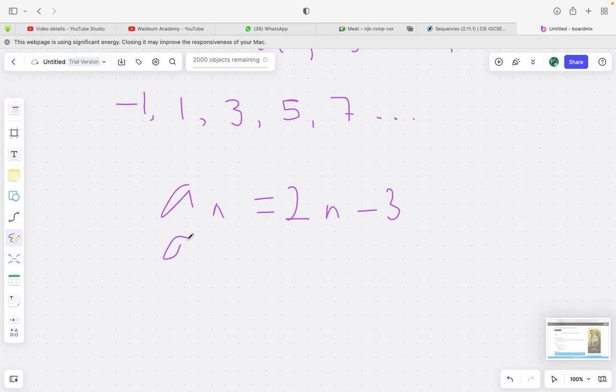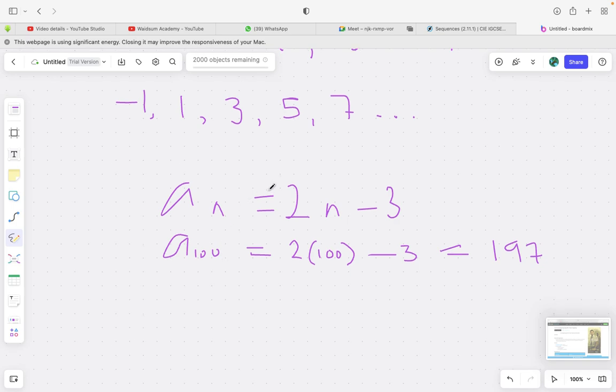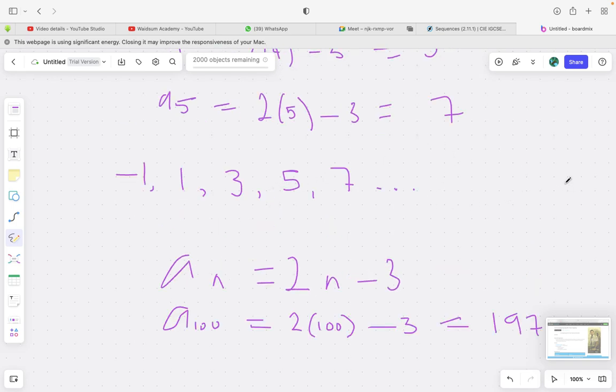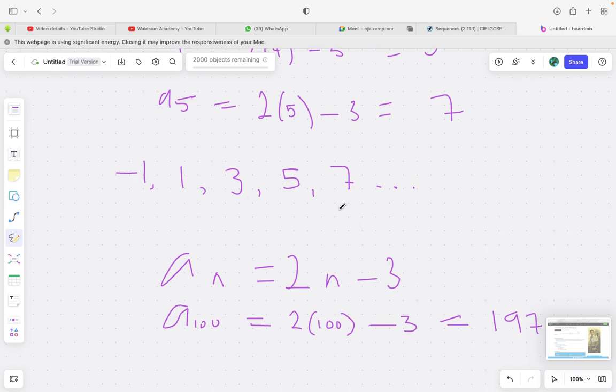So A100 will be equal to 2 times 100, 2 multiplied by position 100, that will be 200 minus 3. 200 minus 3 is 197. So the 100th term will be 197. So you can use it to find any position. So that's that for this formula.